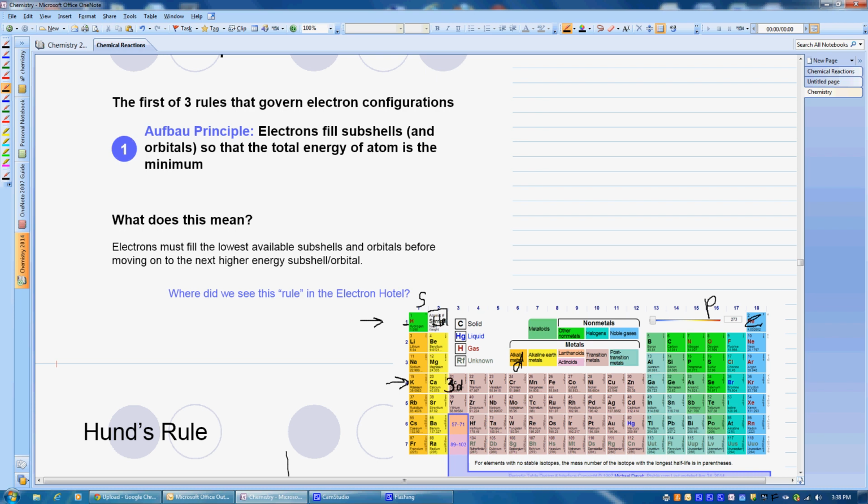The reason that this happens is just because these d orbitals act a little bit differently than the other valence shell orbitals, which are s and p. So then we would fill 3d 1, 2, 3, 4, 5, 6, 7, 8, 9, 10, and then we're over here, but we're still in 4, so this would be our 4p. 1, 2, 3, 4, 5, and 6. Then we come down to 5 and we continue that pattern.